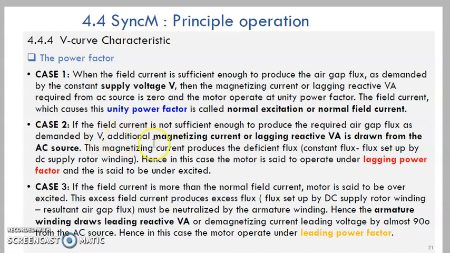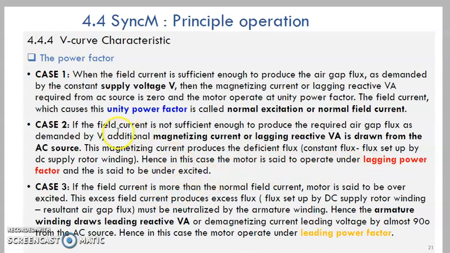So we need additional magnetizing current from the AC source. So it imports the additional magnetizing current from the source, and this magnetizing current produces the flux, in addition to the constant flux set up by the DC supply rotor winding.